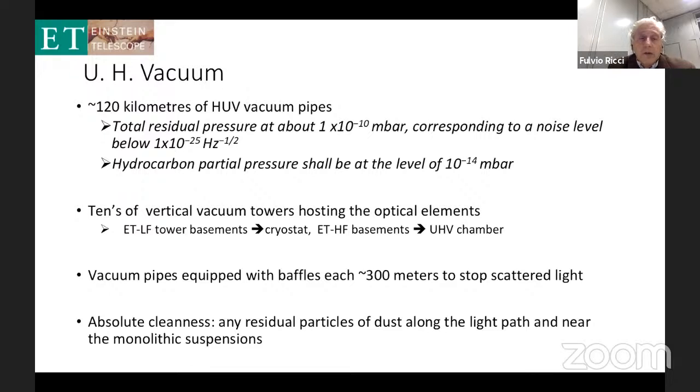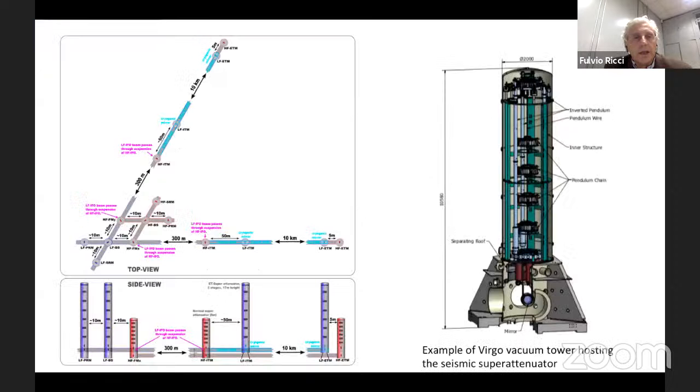So the vacuum pipes should be equipped with baffles, as we did in Virgo and in all the interferometric detectors. So even in the 3G detectors, we have to install baffles along the pipelines, and we need to ensure during the installation and during the operation absolute cleanness, with no residual particle dust along the light path.